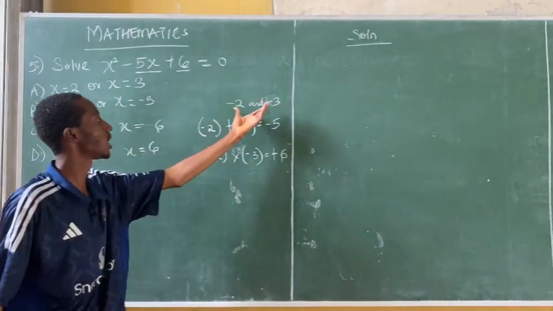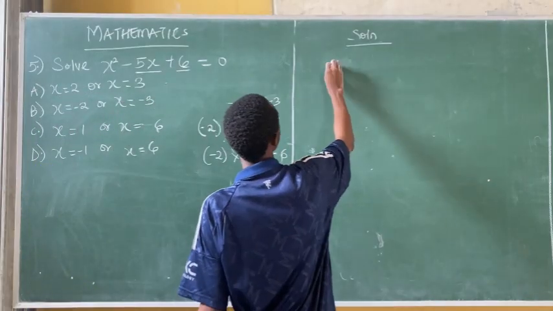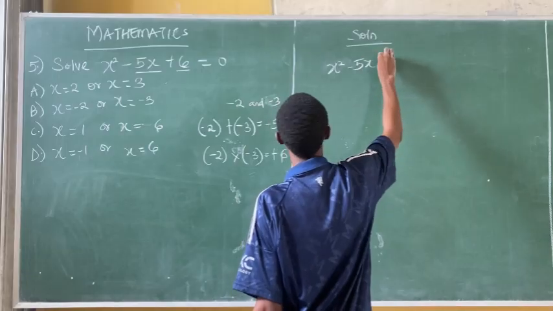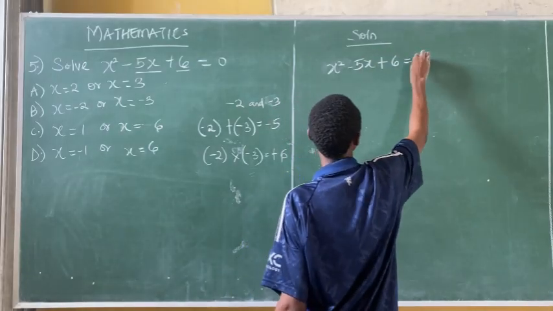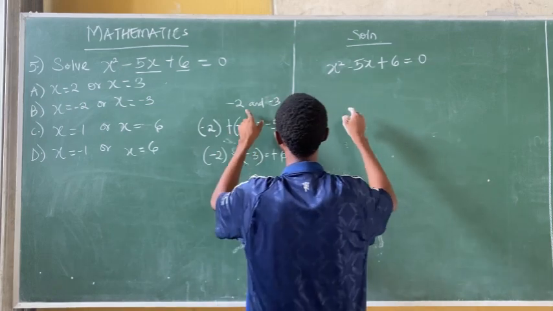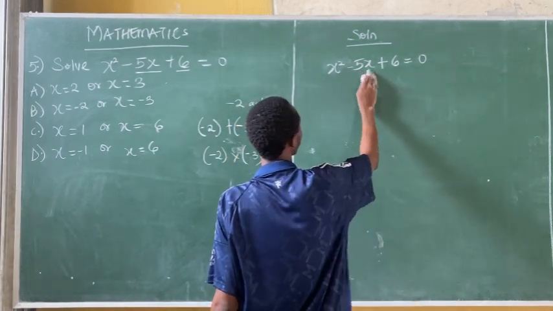Now, you pick these two values and you substitute them into this equation. By that I mean x squared minus 5x plus 6 is equal to 0. We put these numbers here and we replace it with what? x. We add x to it. We use it to replace the middle term.